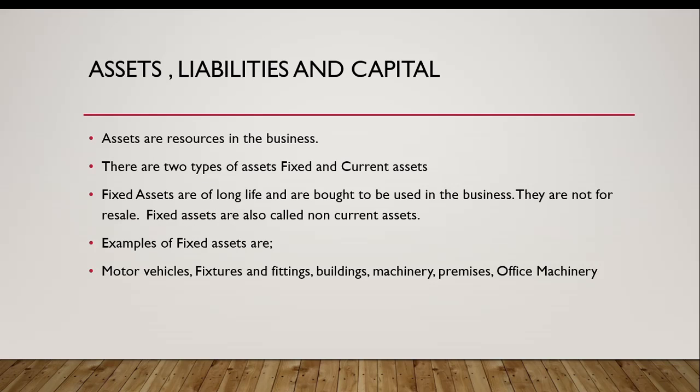So we're going to be looking at assets, liabilities, and capital. It says here that assets are resources in the business, and there are two types of assets: fixed and current assets. Now, to define fixed assets: fixed assets are of long life and are bought to be used in the business.